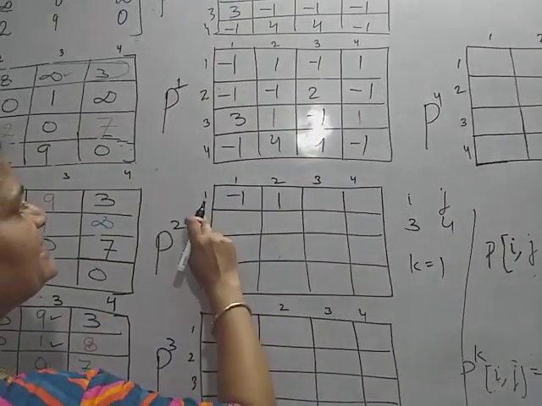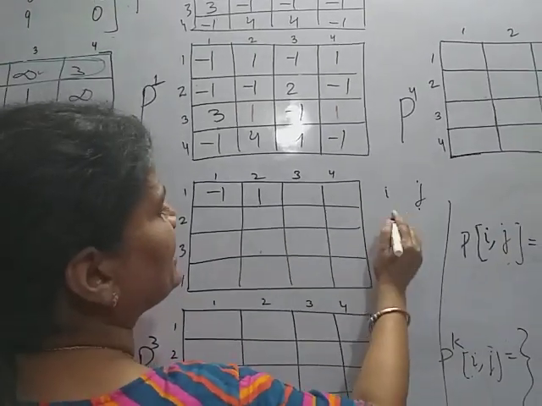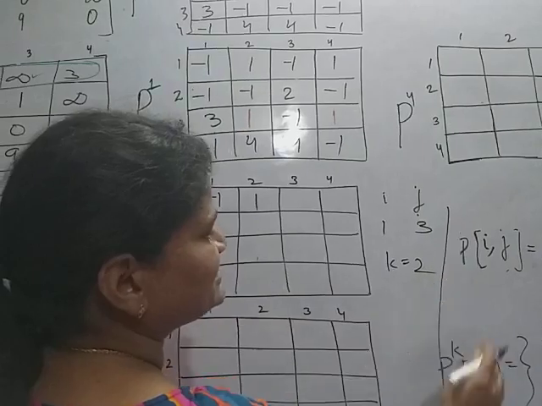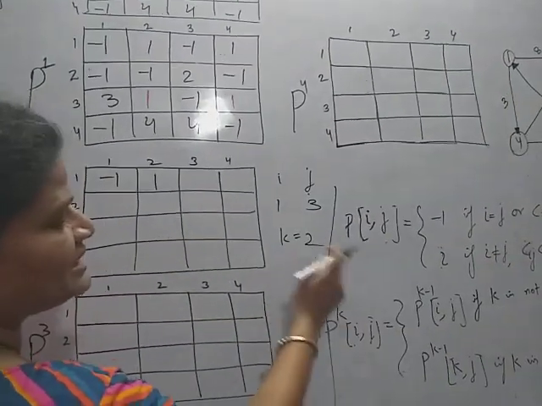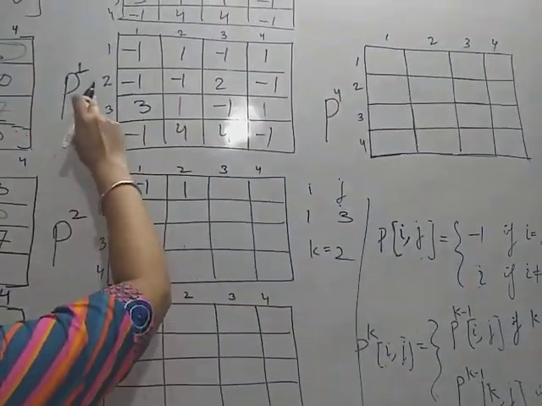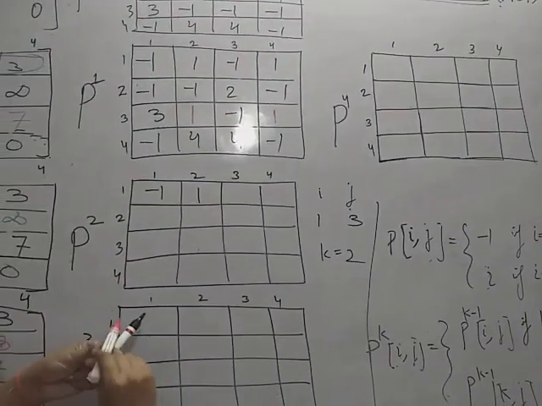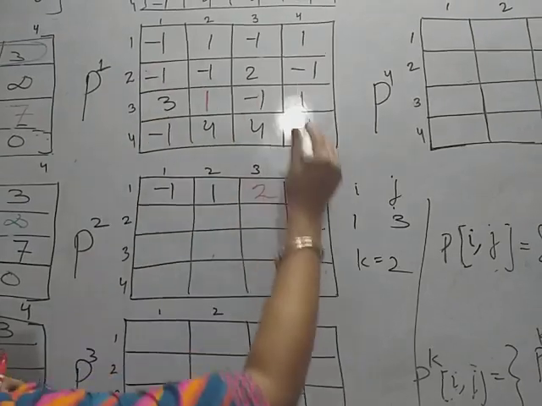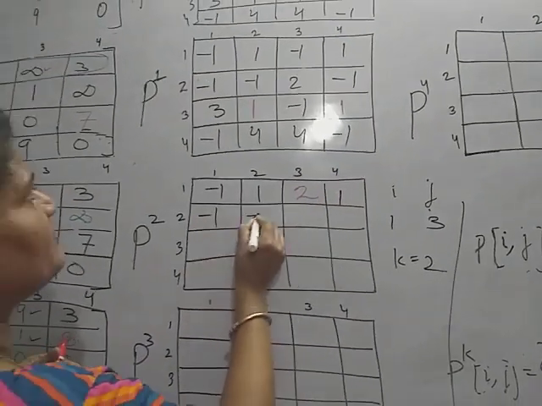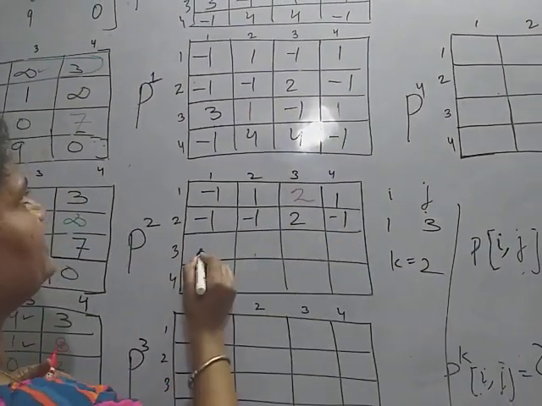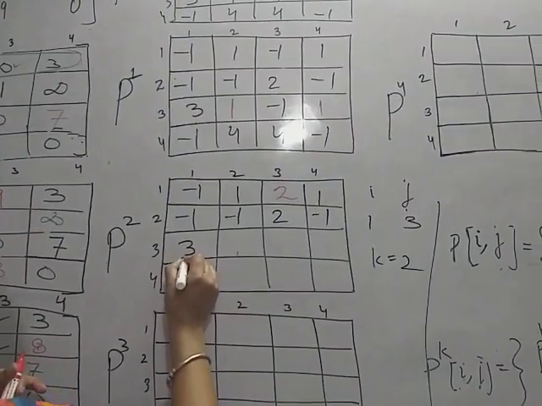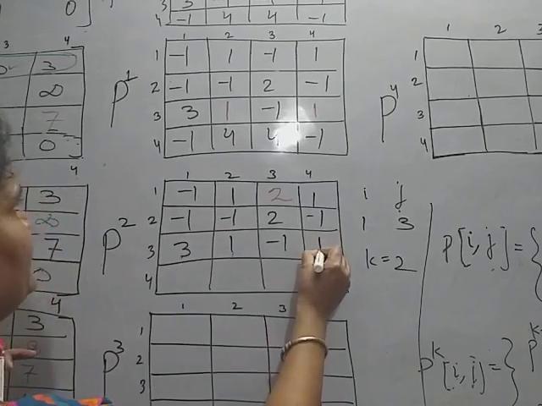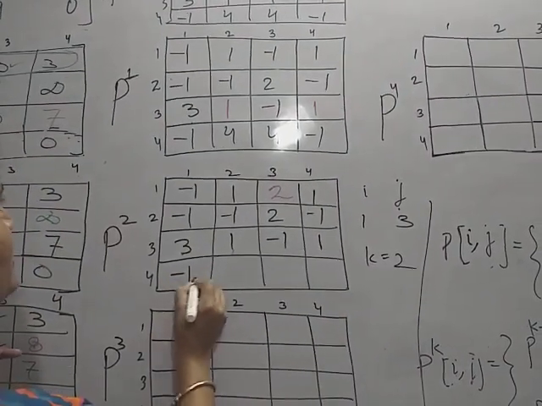Now this entry is 1, 3. So here i is 1, j is 3 and k is 2. So what it is saying that 1, 3 is equal to 2, 3 from the previous entry. So 2, 3 is 2. So this is 2. Then simply 1, minus 1, minus 1, 2, minus 1, 3, 1, minus 1, 1 and minus 1, 4.